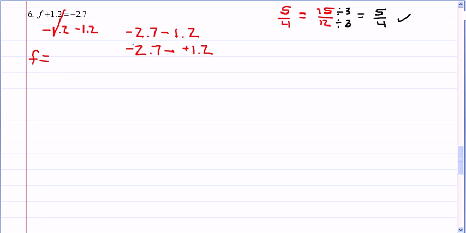So I keep the sign of the negative 2.7 and I change the next two signs, so that I have negative 2.7 plus negative 1.2, which is negative 3.9.